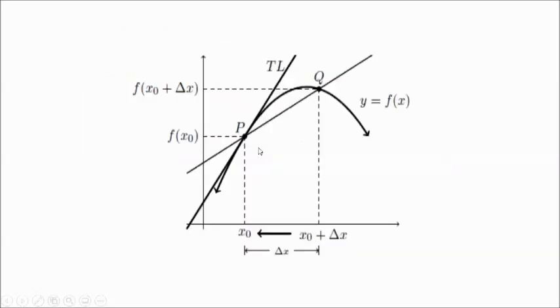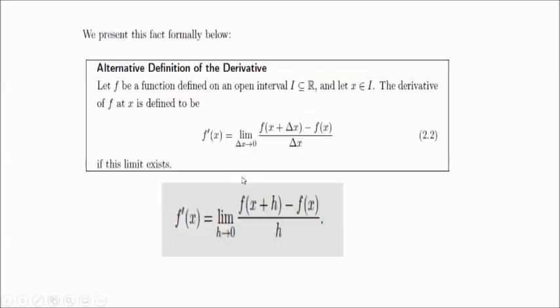Kapag nilimit natin ito papuntang 0, ibig sabihin tumutungo ito doon, which is yung kailangan natin to get the tangent line.